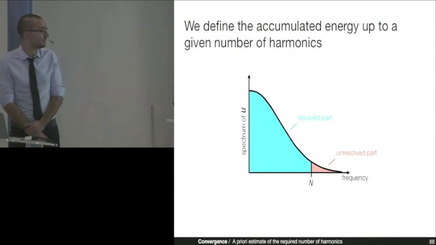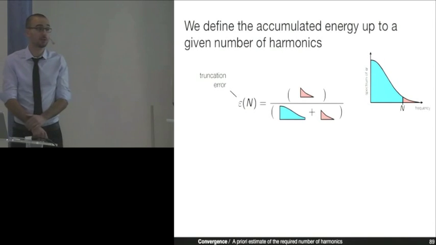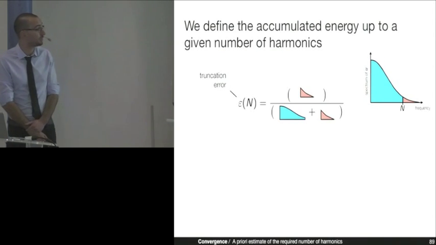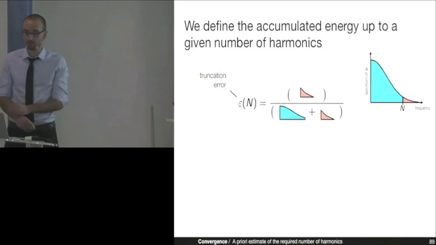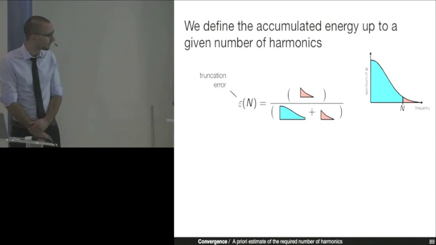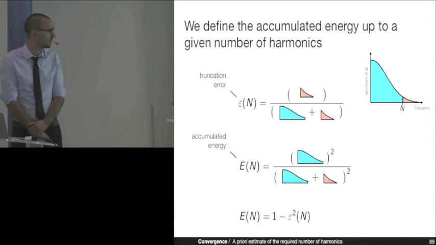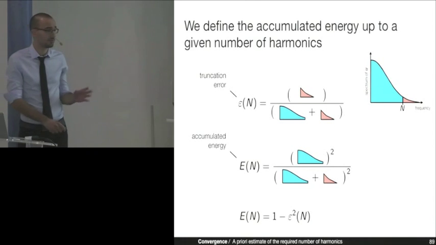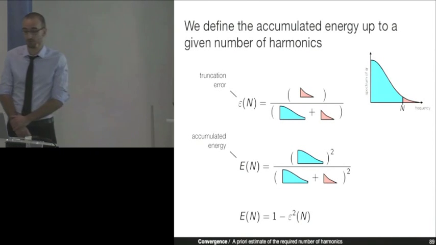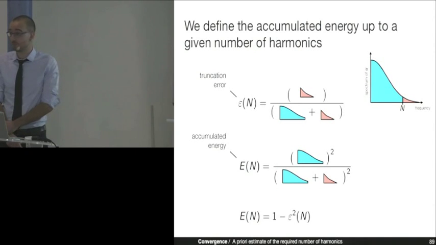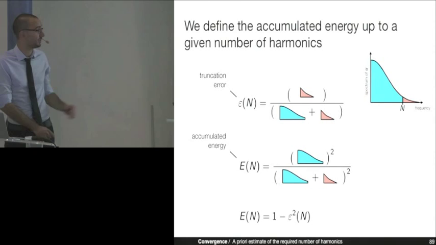Using this, we can define a truncation error that is classically the non-resolved part divided by the whole spectrum, or conversely, the accumulated energy, which is the resolved part squared divided by the whole spectrum squared. And there is a relation between the accumulated energy and the truncation error, so we will use the accumulated energy.